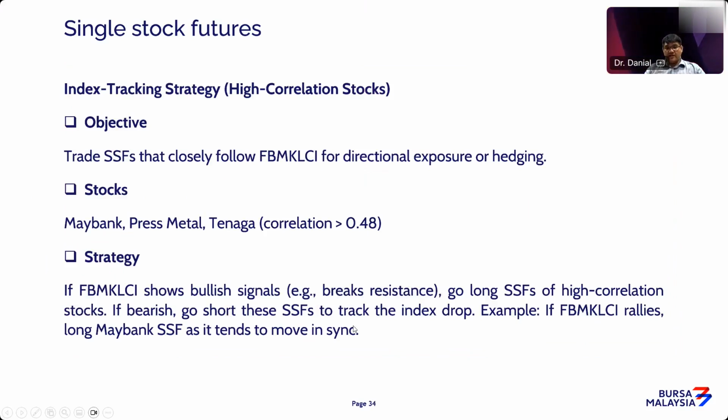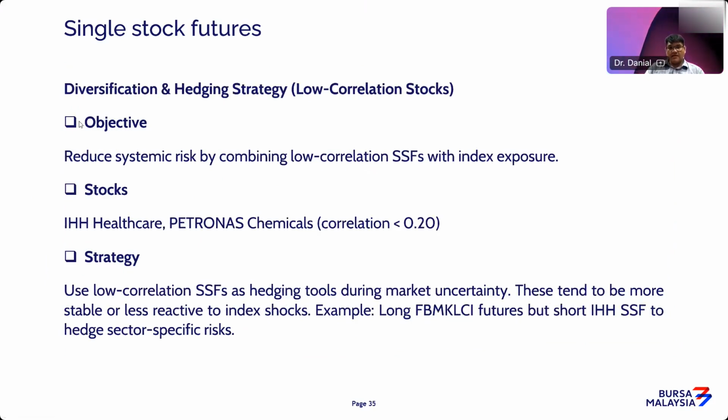Strategy: if FBM KLCI shows a bullish signal, you can go long on the SSF. If bearish, go short to track the index drop. For example, if the index goes up, you can long SSF because it will move in tandem. The Maybank SSF will go up in tandem with the index.